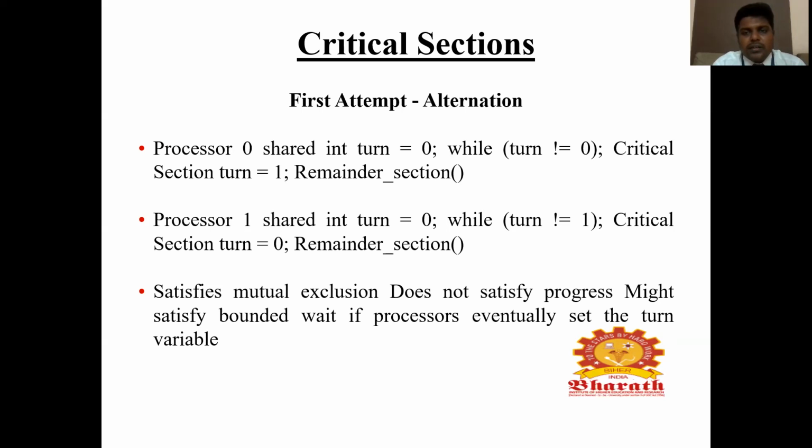One is turn not equal to 0, another one is turn not equal to 1, which satisfies mutual exclusion but does not satisfy progress. It might satisfy bounded wait, possibly, if processors eventually set the turn variable to 0 and 1.